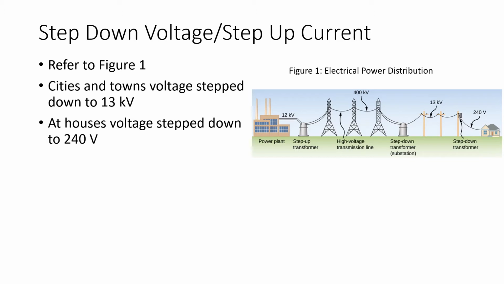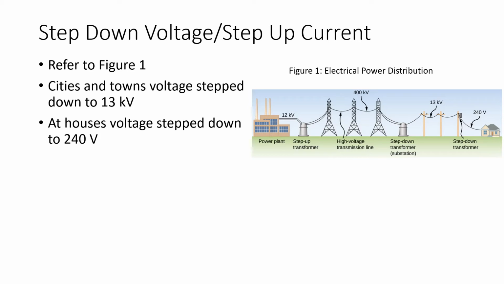Now, once this high voltage gets to our cities and towns, we need to step it down to a lower level for distribution through the town and through the neighborhoods. So we use a step-down transformer at a substation to step this 400 kilovolts down to a level, for example, 13 kilovolts.